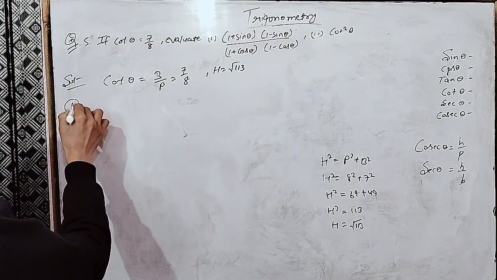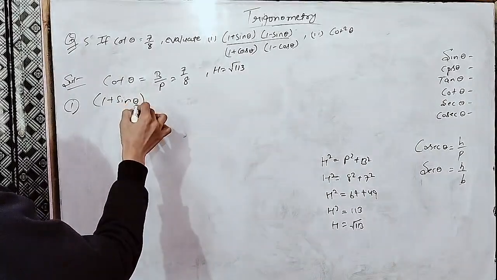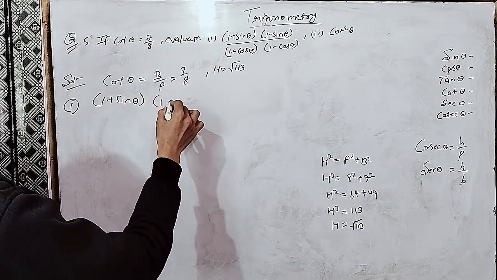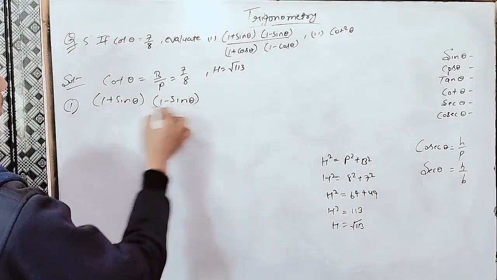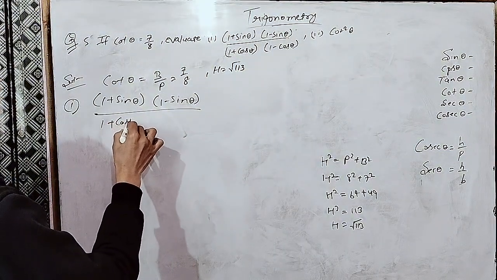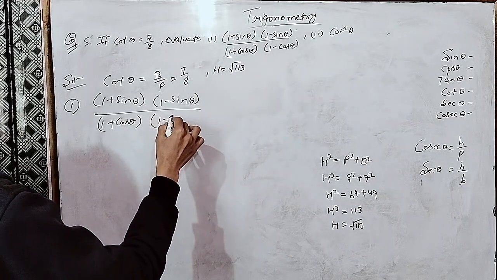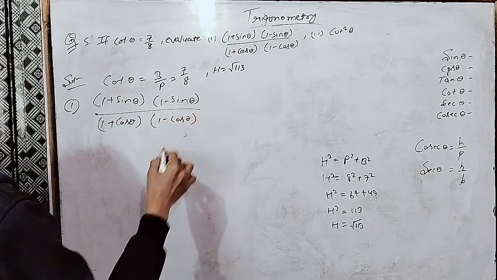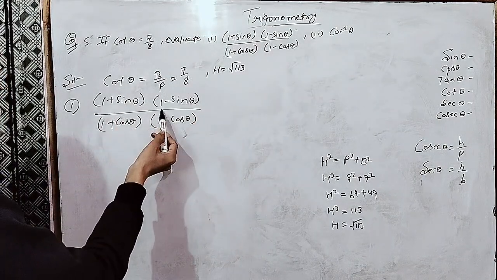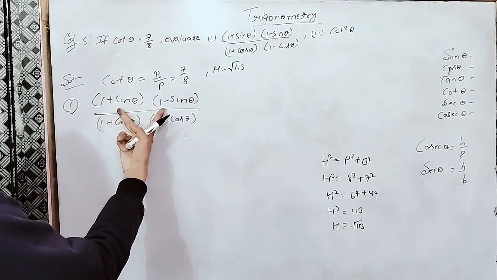The question is saying we have (1 plus sine theta) into (1 minus sine theta) upon (1 plus cos theta) into (1 minus cos theta). Here you are looking at A, B, B. The first number is the same, it is common.